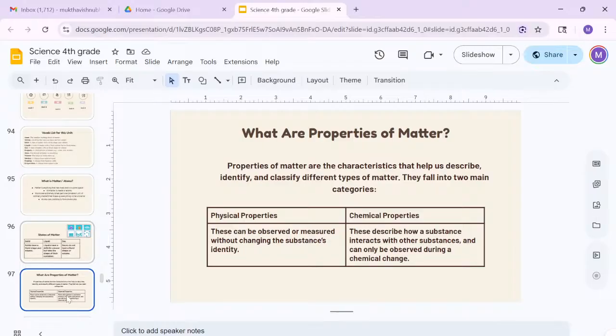Or when you burn a piece of paper, the paper becomes ash, right? There's no more paper. You cannot make it paper again. For physical properties, for the paper, when you cut it up, you can tape it back together, you know? But with chemical properties, you can't get it back to the original substance, like when you burn the paper, without it having another interaction with a substance. You know what I mean?